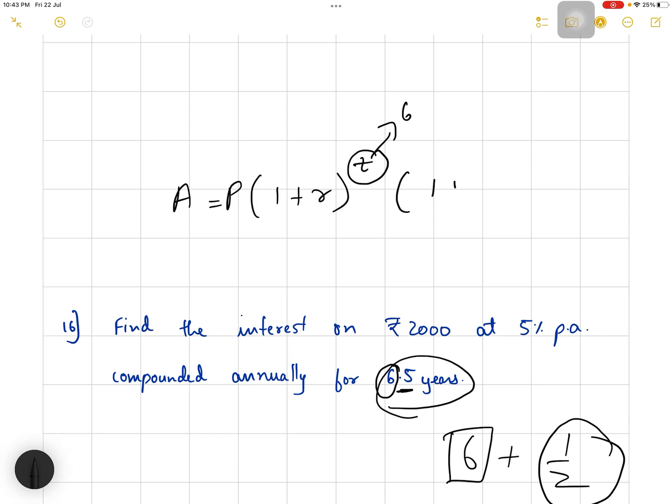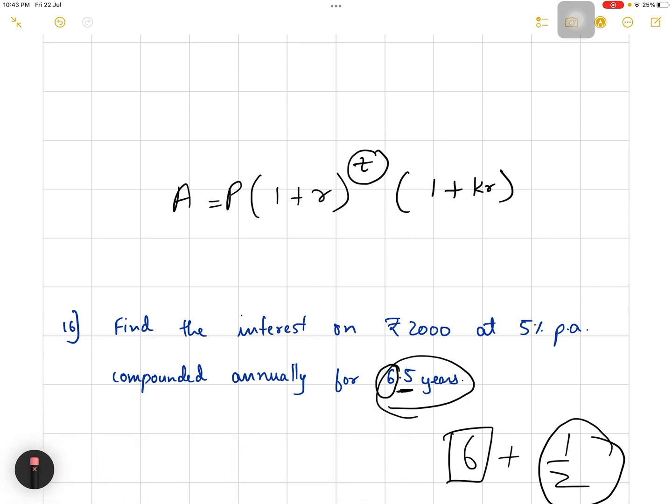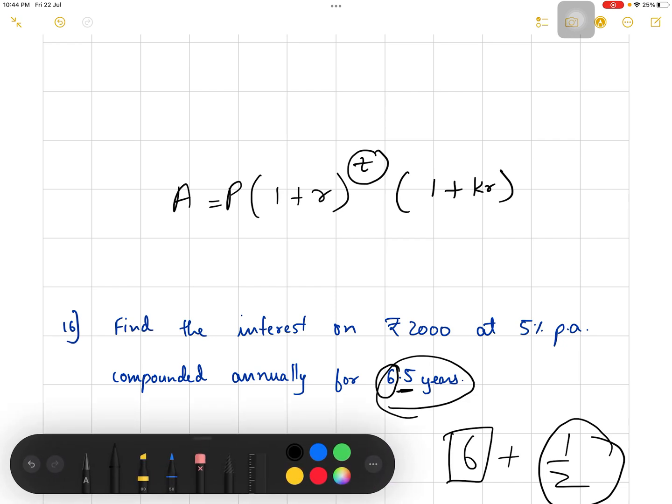So that is 1 plus k r, where k is the fraction. Let the fraction be k. So A is equal to P into 1 plus r raised to t into 1 plus kr. You will not do raised to t or anything for the second bracket.